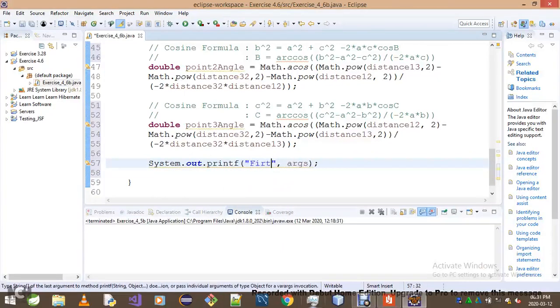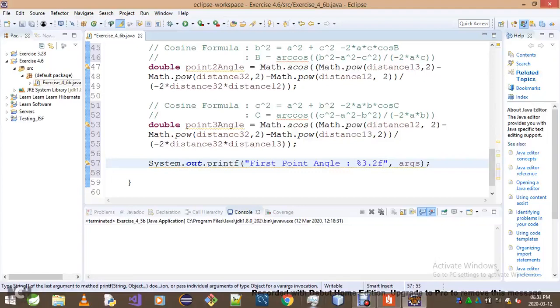I'll simply go first point angle is given as percentage 3.2f.